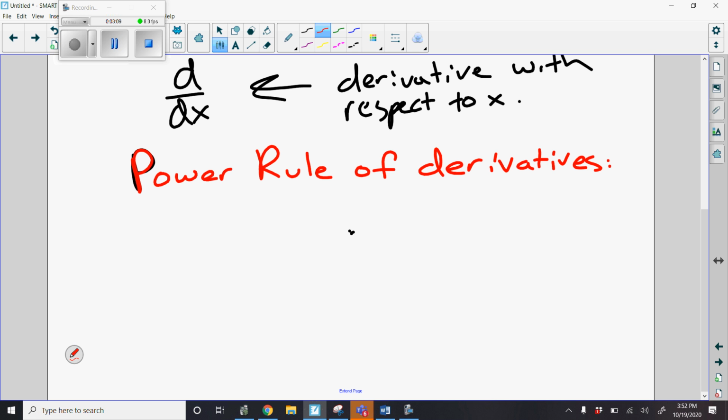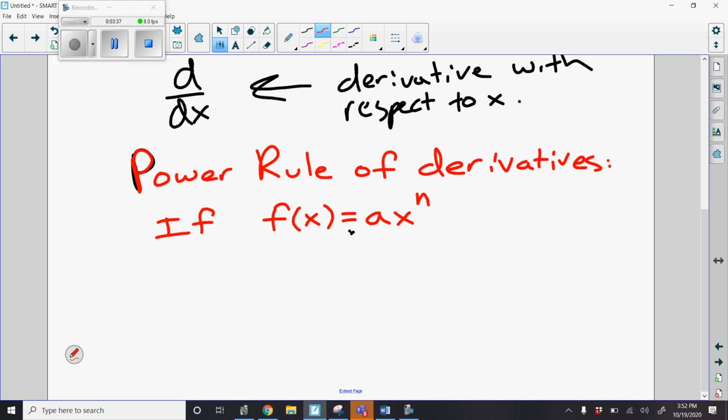Okay, so the power rule applies when we have something in the form ax to the n. Again, this works when a and n are constants.